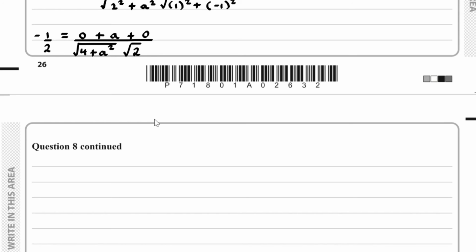So, if we square both sides, squaring -1/2, we end up with 1/4, and squaring the right hand side, what we end up with is a squared divided by 2 multiplied by 4 plus a squared.